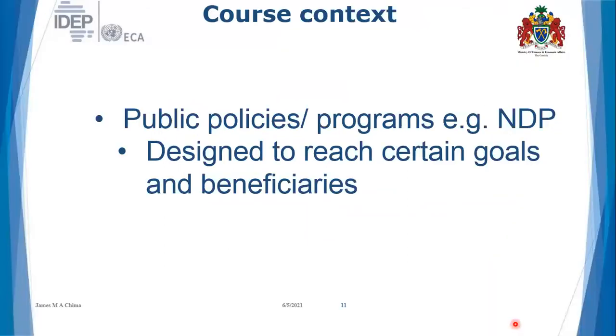As we can see from the preamble, this course is located in the context of the public policies and programs, particularly within the context of the National Development Planning Framework, which is designed to reach certain goals that are in tandem with the aspirations of the Gambia and the beneficiaries that it serves.